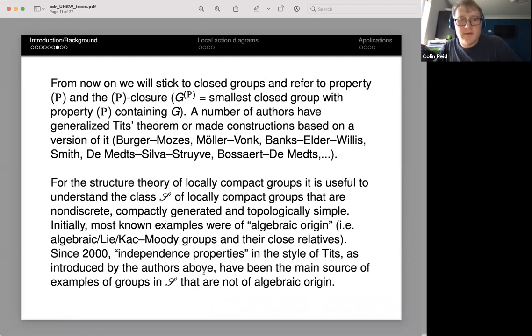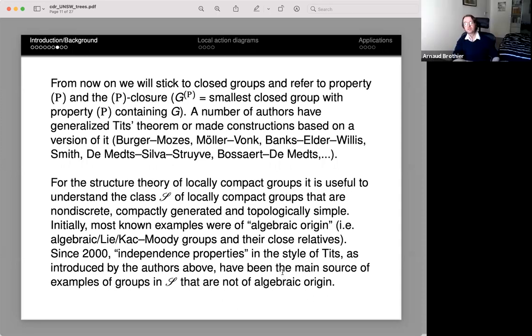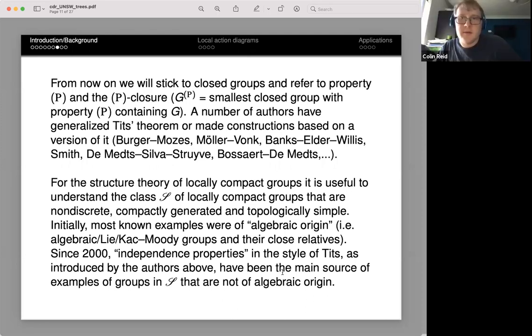Yeah, I guess I've cheated a bit here. Another big source of examples are these topological full groups, the non-discrete analogs of Higman-Thompson groups and so on.